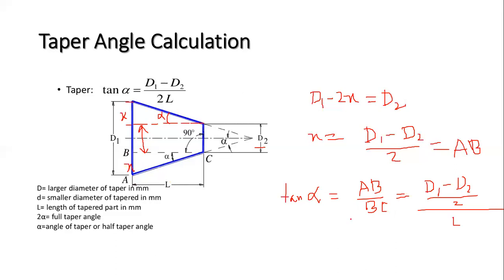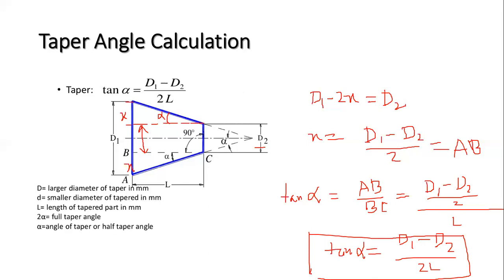That means tan alpha will be D1 minus D2 by 2L. This is the actual formula for the taper angle. Here it is also written tan alpha is equal to D1 minus D2 by 2L.